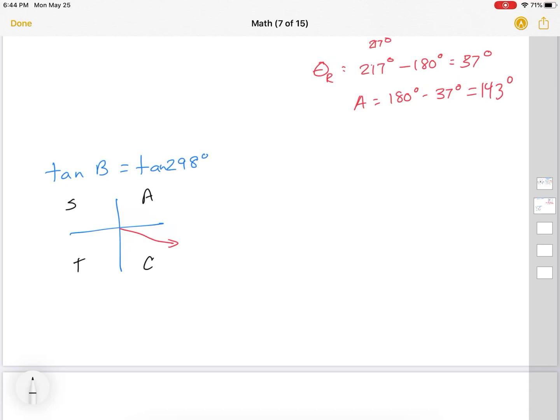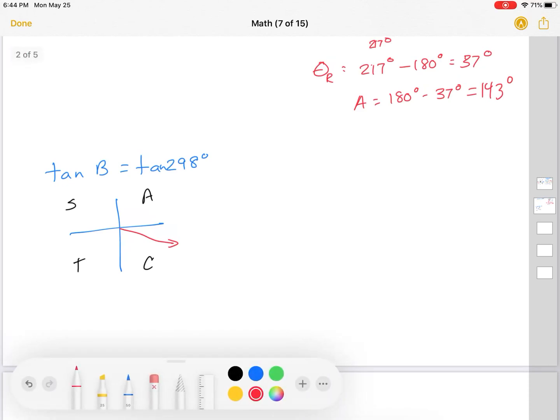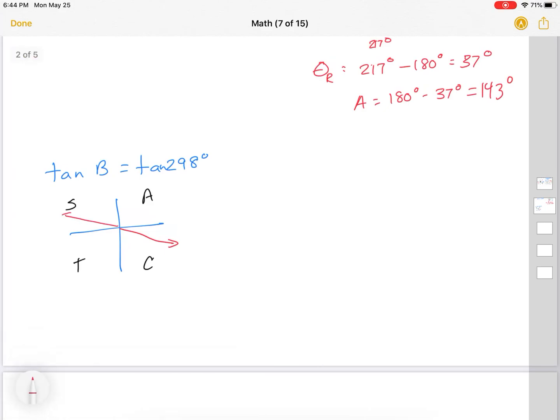In quadrant 4, where tan 298 is, tan is negative. The other quadrant where tan is negative is quadrant 2. So the reference angles have to be the same.